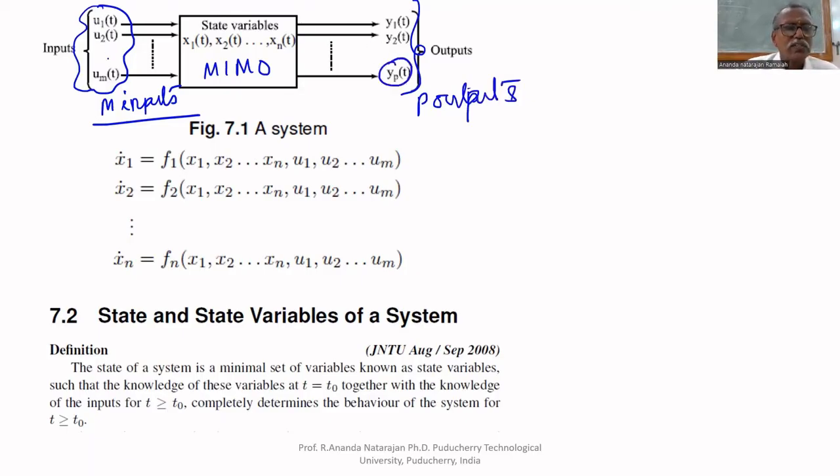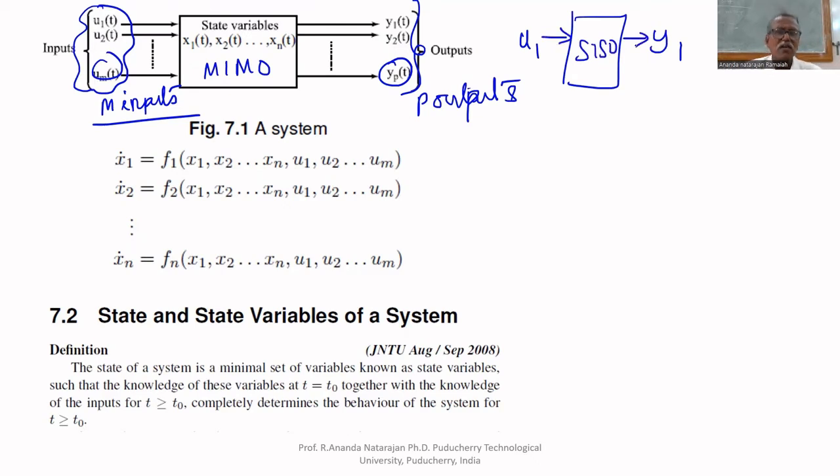Inputs are U1, U2, U3, up to Um. You cannot represent this in the transfer function model. You can take U1 and find Y1, treating all other variables as disturbance. You can assume the system is a SISO system, one input, one output. That's all. But here in the state space model, you can assume any number of inputs and any number of outputs.